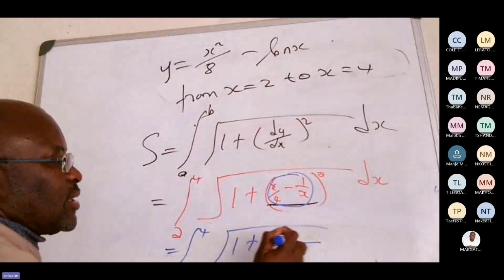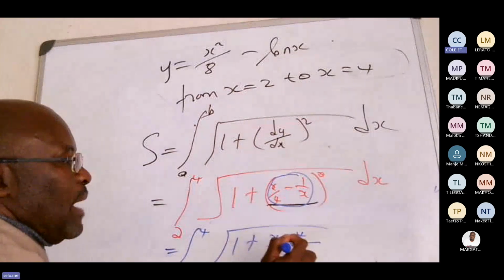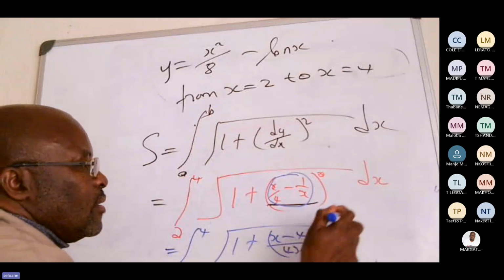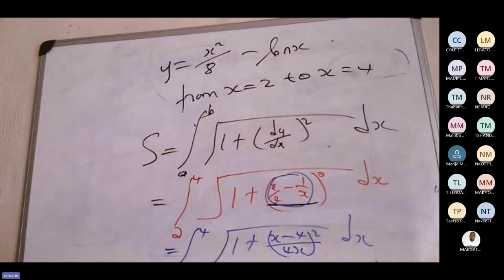Then it will be x minus 4, all squared. Then if you pause here, this is your F. Differentiate it. Is it going to give you 1 here? No, therefore you can't stop here.